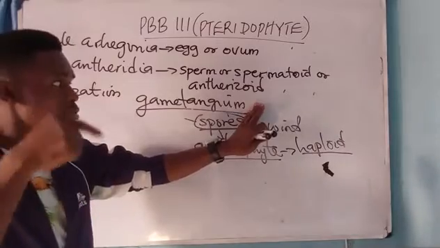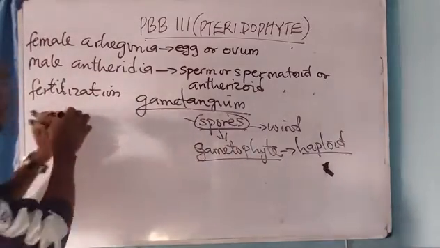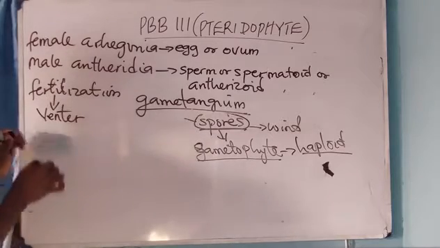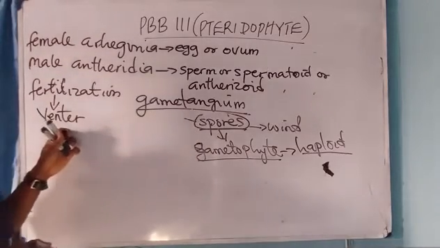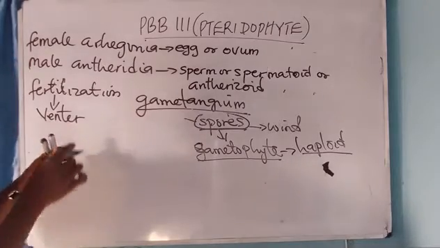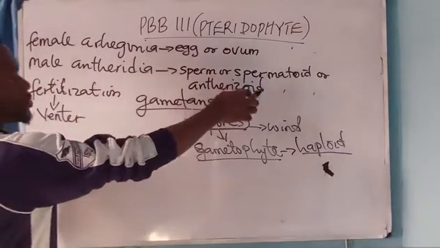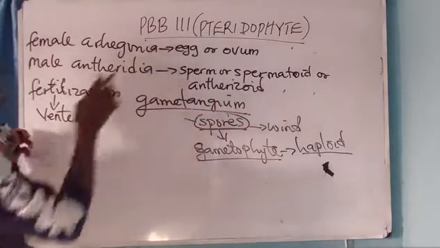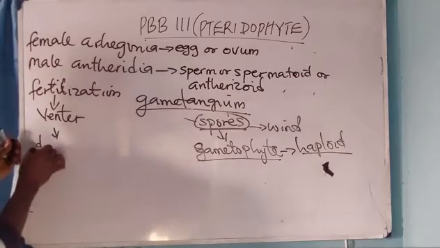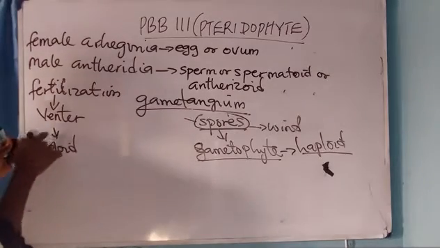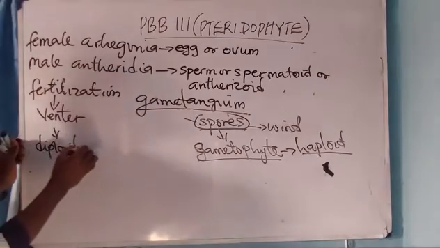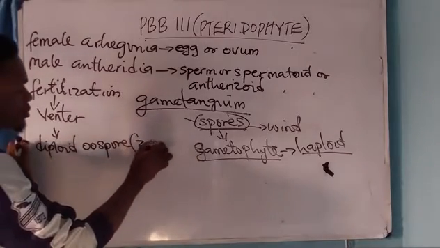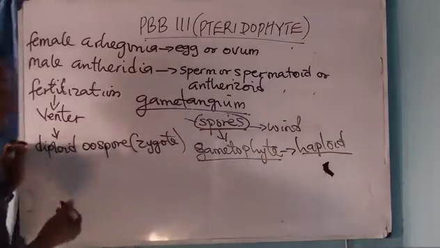Fertilization always occurs in the ventral region of the gametangium, and not in the neck region, which means that as soon as the sperm or antherozoid fertilizes the egg, it will produce a diploid. Don't forget, it occurs in the ventral region. It will produce a diploid oospore. You can call it a zygote. Zygote is diploid, right?